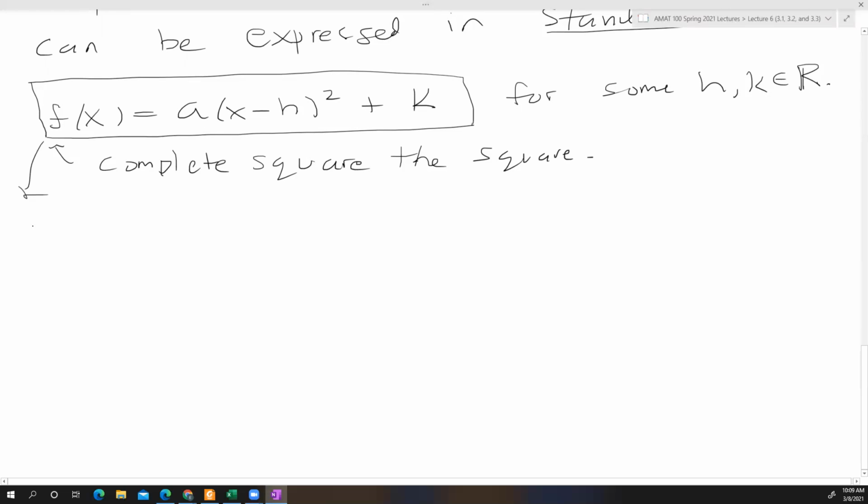So the first is that these numbers h and k form an ordered pair, a point in the plane, and this is the vertex of the graph of f of x.